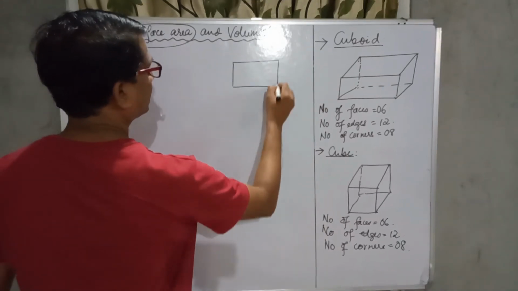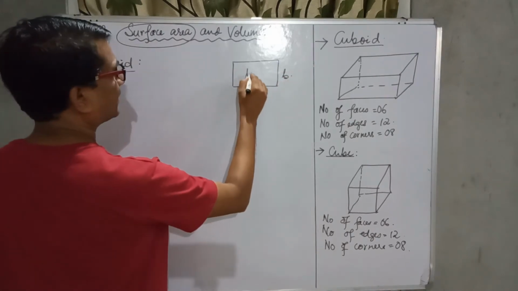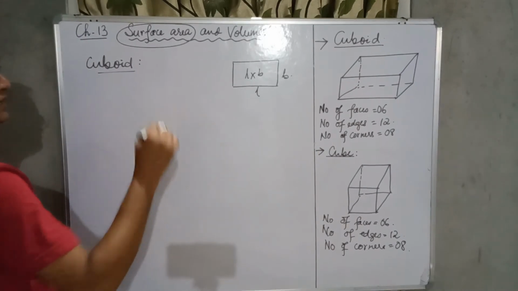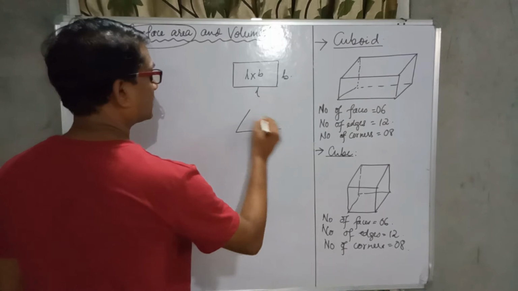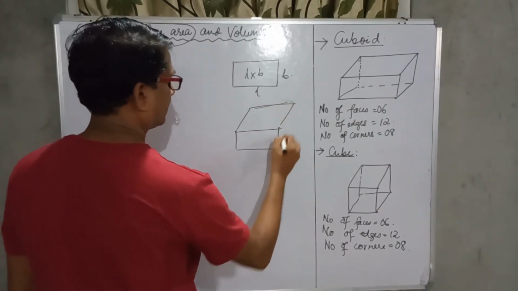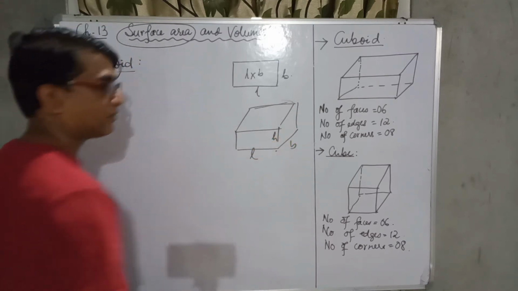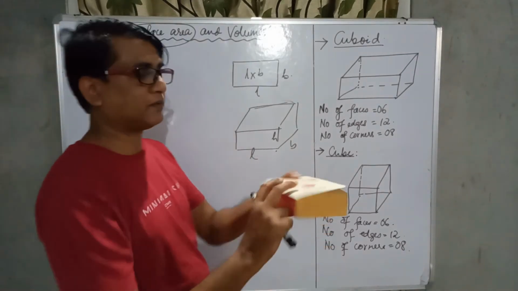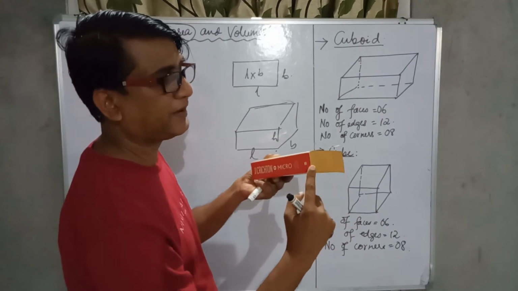If this is the length and this is the breadth, what will be the area of the rectangle? L into B. So what will be the total area of a cuboid? This is L, this is B, this is height. See the example. This is L, this is B, this is H.